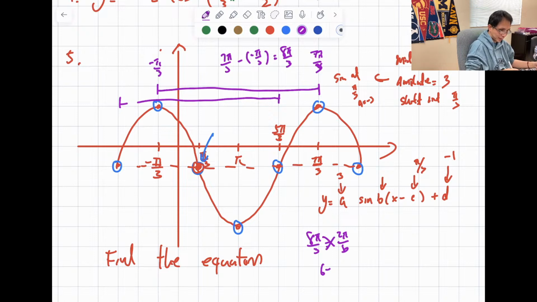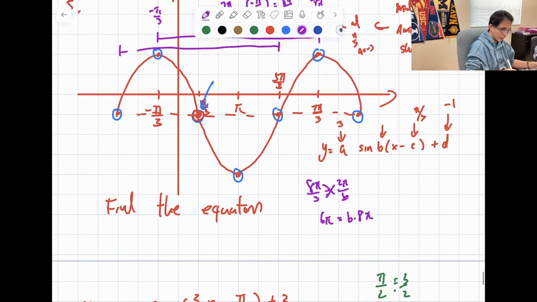Now you can cross multiply. So that's going to be 6 pi is equal to b times 8 pi. And b is equal to 6 pi over 8 pi, which is 3/4. And there it goes: y equals -3 sine of 3/4 times (x minus pi/3) minus 1. Does that make sense?